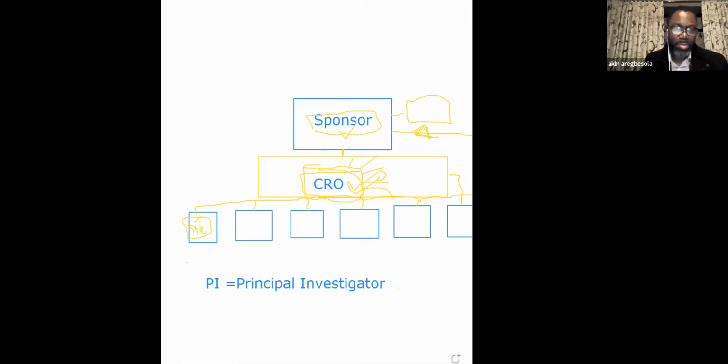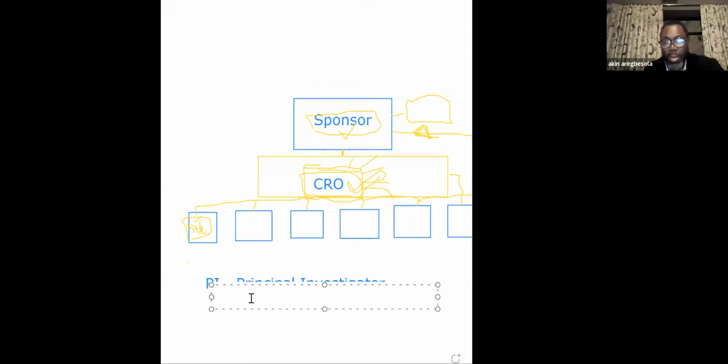The principal investigator. And then we have the clinical or study research coordinator. I'll be saying CRC. CRC means clinical research coordinator. So who is he? The principal investigator is a big guy, so it's not the person who runs around in the office.